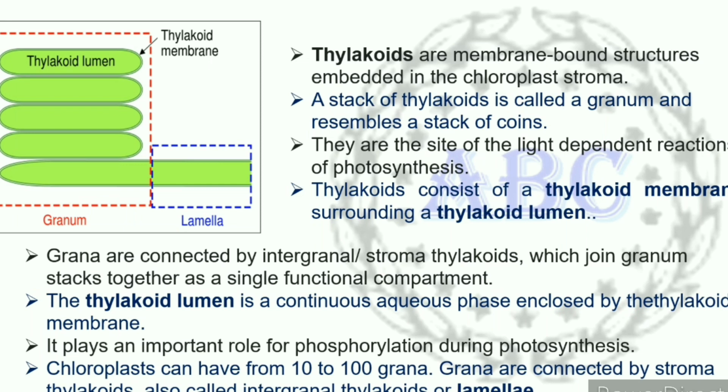The thylakoid lumen is a continuous aqueous phase enclosed by the thylakoid membrane. It plays an important role in phosphorylation during photosynthesis. Chloroplasts can have from 10 to 100 grana. Grana are connected by stroma thylakoids, also called intergranal thylakoids or lamellae.